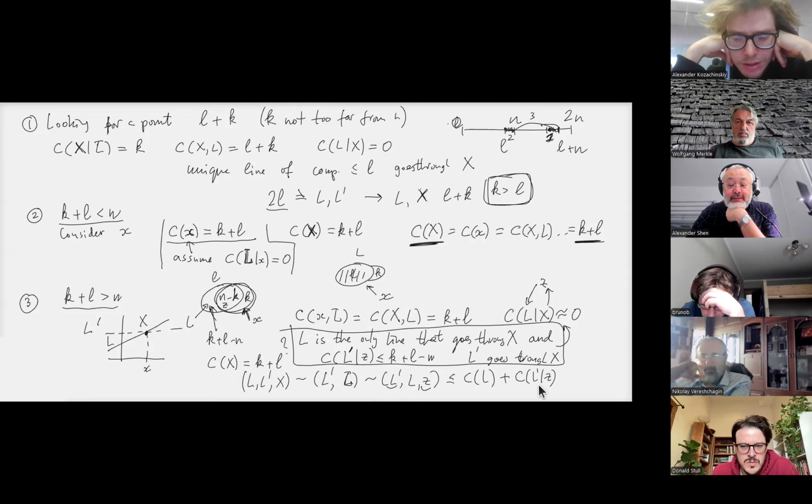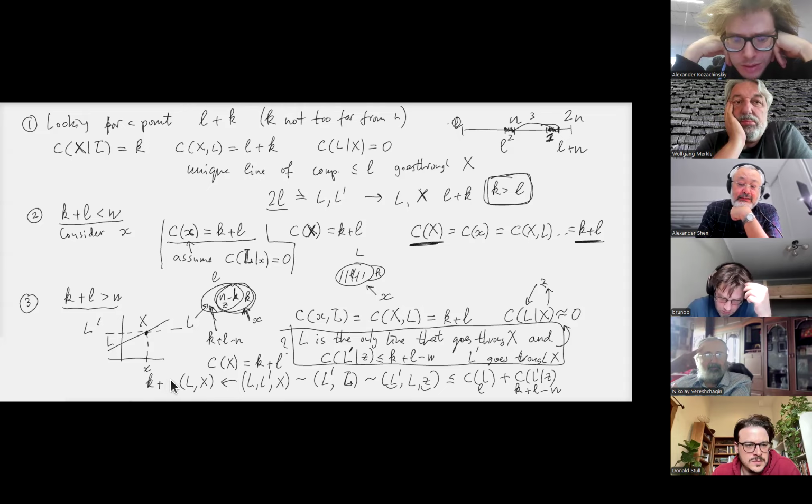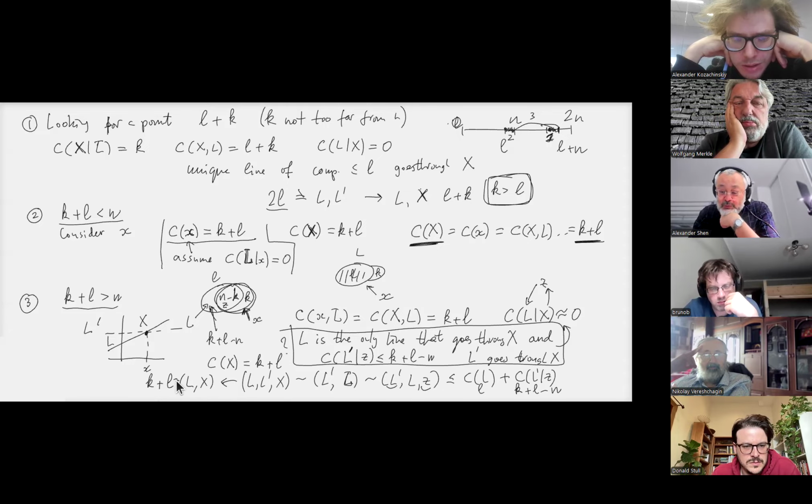The complexity of L is L, and the complexity of L prime given Z is K plus L minus n. And this determines L and X, and therefore the complexity is at least K plus L. It's just exactly K plus L. No, we should get some contradiction now.